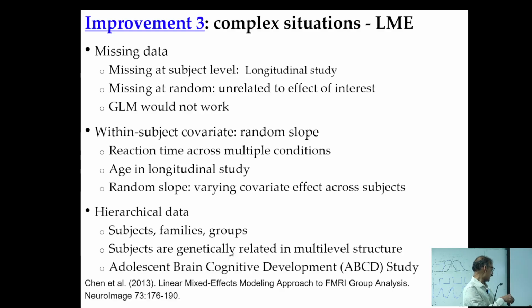And this is an example. If someone wants to work on children data, this is a good data set to use. These are subjects between 8 and 12 years old. There are about 10,000 subjects who have been scanned, and all these are there, right?